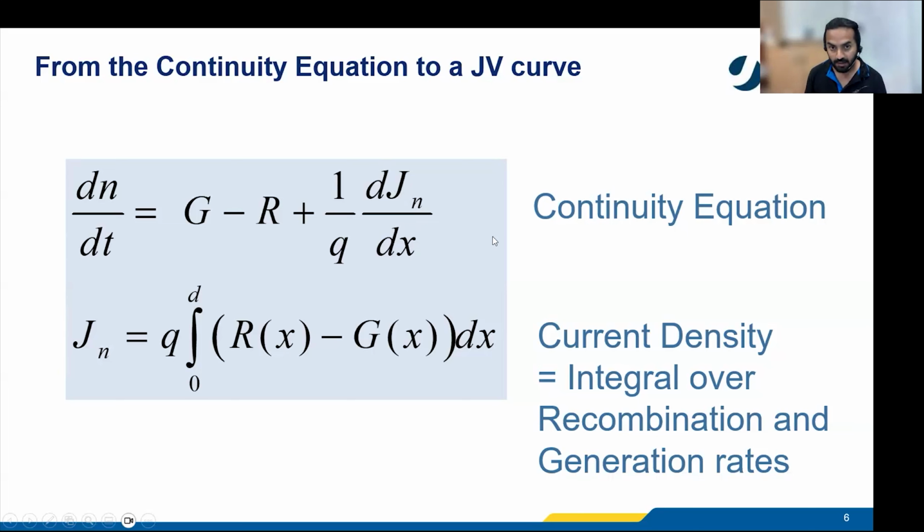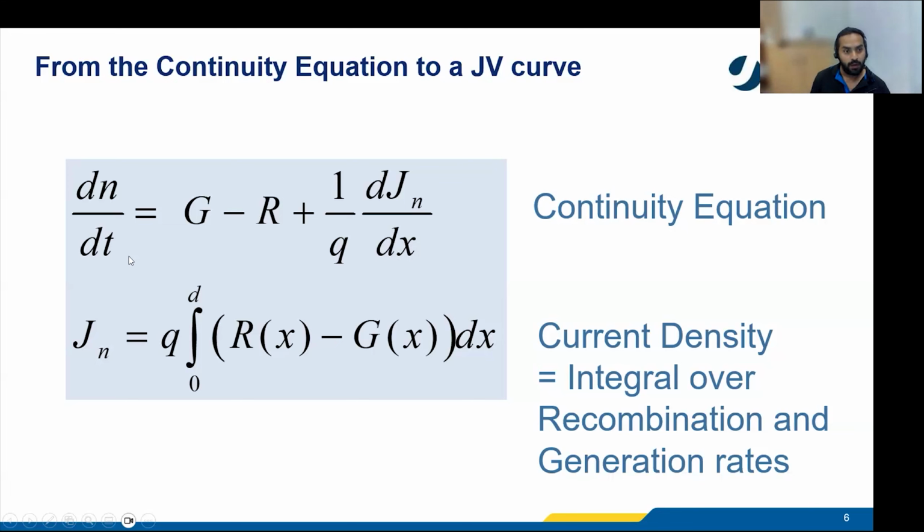And this transport flux comes from two things. So the diffusion of charge carriers under a gradient of electrical potential, or you can also have a gradient of chemical potential that generates a flux of carriers along the x-axis.